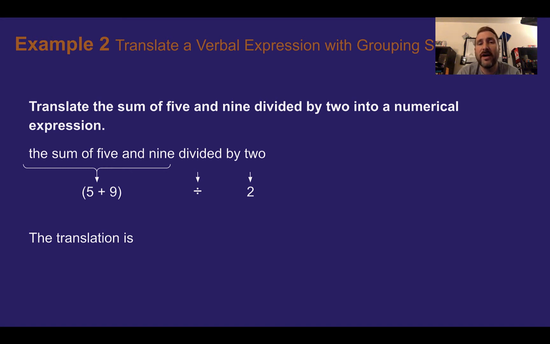So the sum of 5 and 9, the sum of indicates the parentheses, and then 5 and 9 is what's inside. So this is the sum of 5 and 9. Then it's divided by 2. So 5 plus 9 in parentheses divided by 2, squished all together, 5 plus 9 in the numerator, and then 2 in the denominator. If you just wrote it sideways, where it was the parentheses and then divided by 2 squished together, that works too.